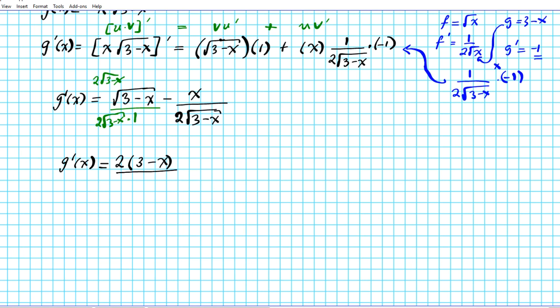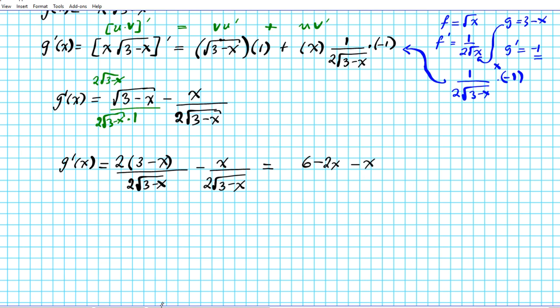And then this over 2 root 3 minus x, minus, this is unchanged, 2 root 3 minus x. And then you can combine it further. You can distribute the 2, and that gives you 6 minus 2x, and then minus x.